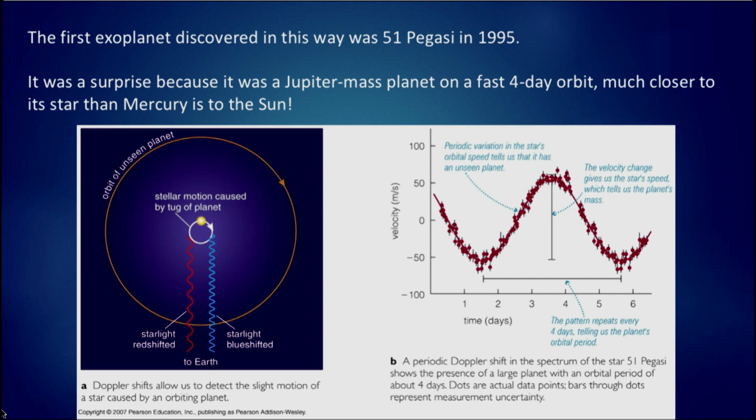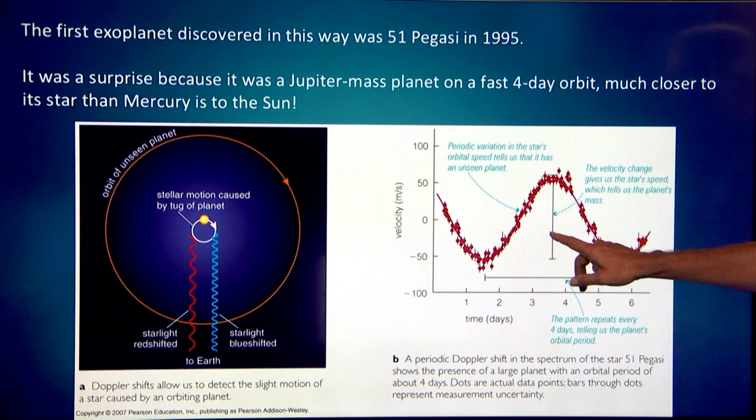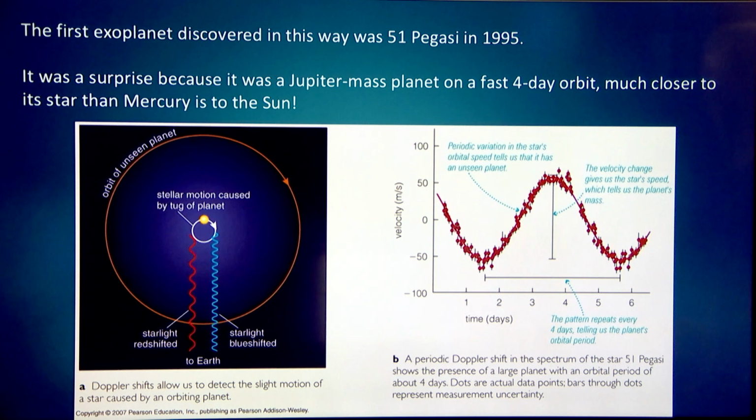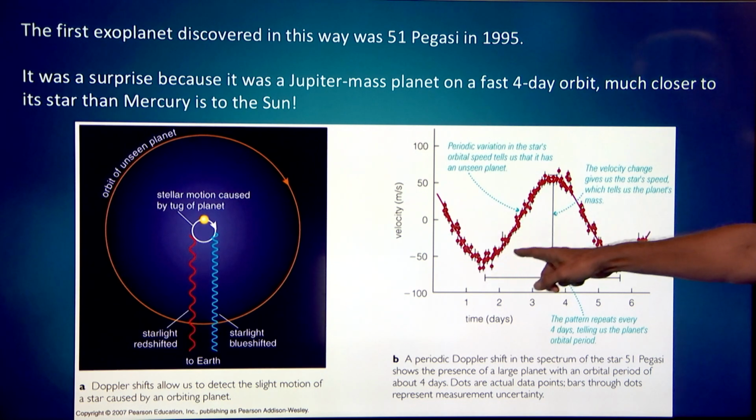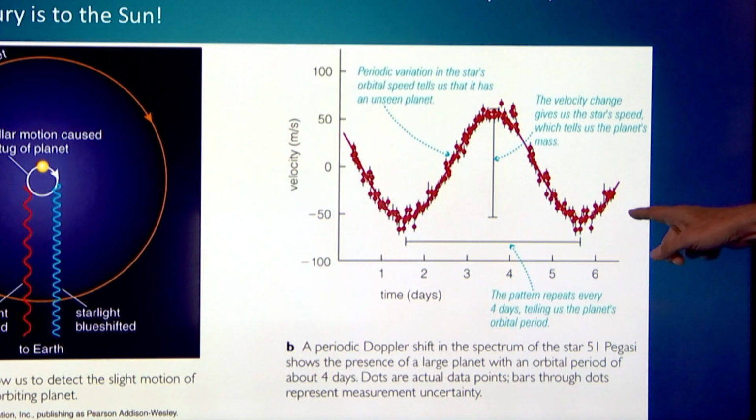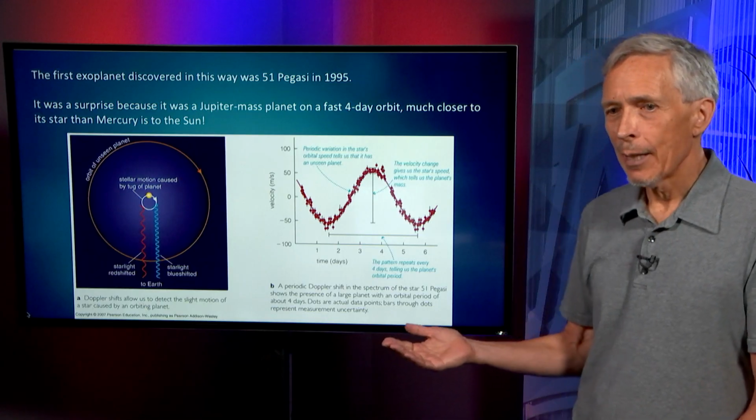Now in this case, we can actually see the real data that was used. This is not the discovery data, which was a lot poorer and noisier. This is more recent data of that same system, but it shows the sinusoidal variation in radial velocity with a mean of 0. And you can see the error on an individual data point. With a 4.5-day orbit, if you gather a month's worth of data, you've measured essentially 8 different orbits.